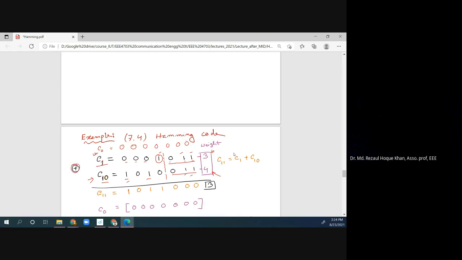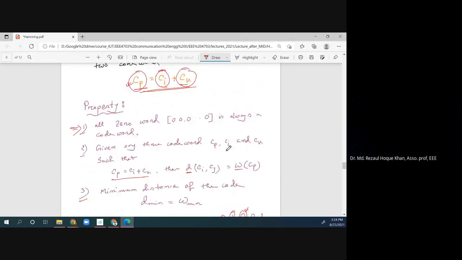XOR operation means 1 and 1 will be 0. What is this code actually? You see, C11, which is nothing but 11. What is the weight here? The weight is also 3. So I can say C11 is nothing but C1 plus C10, which is this condition.